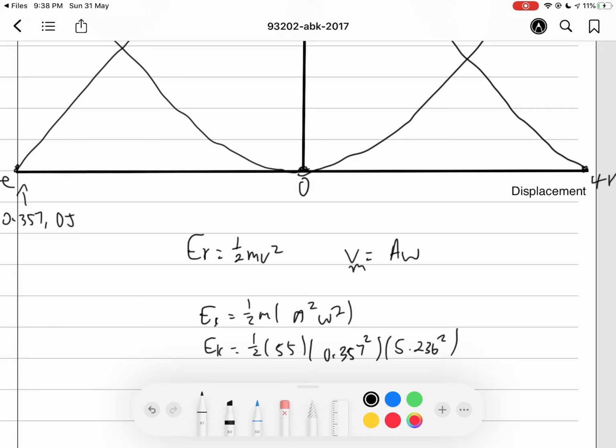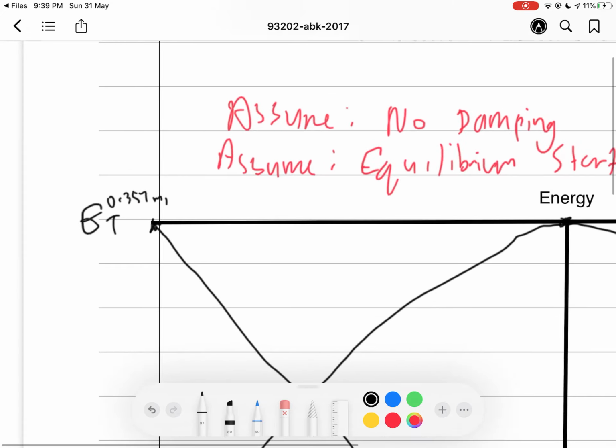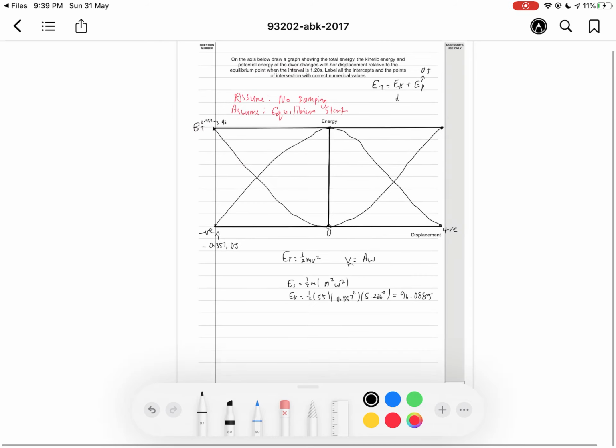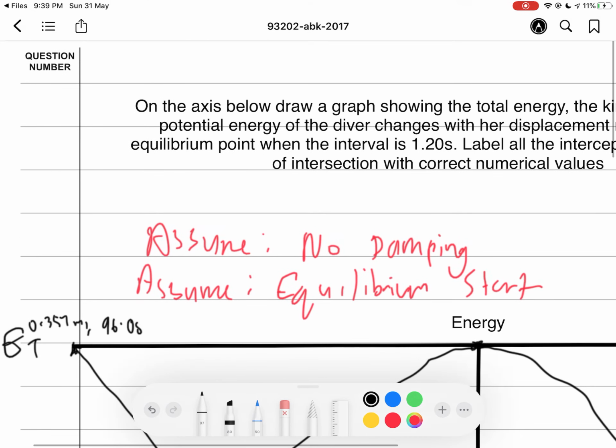So our total energy is 96.088 joules. So we label this intercept as 96.088.